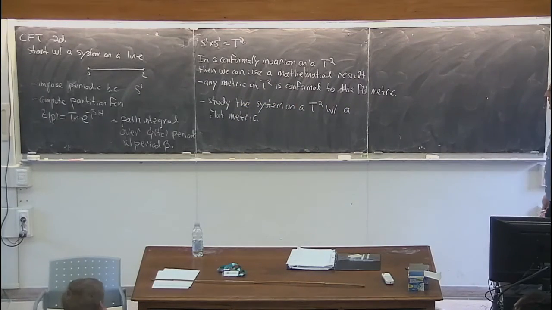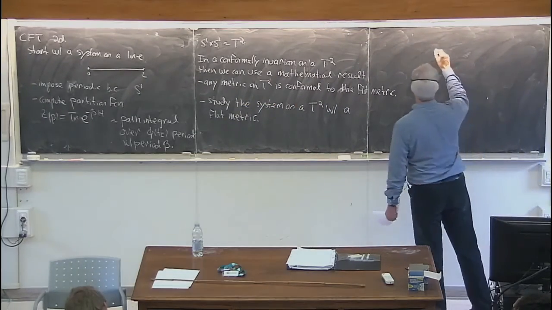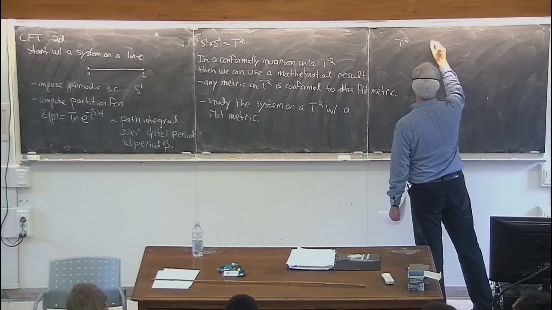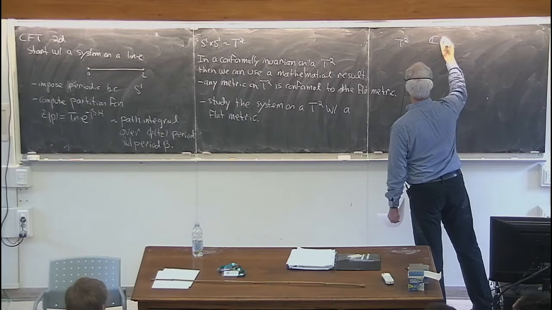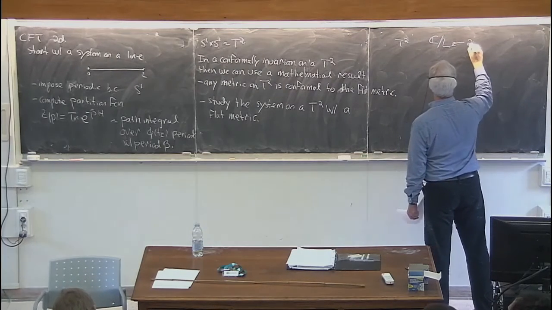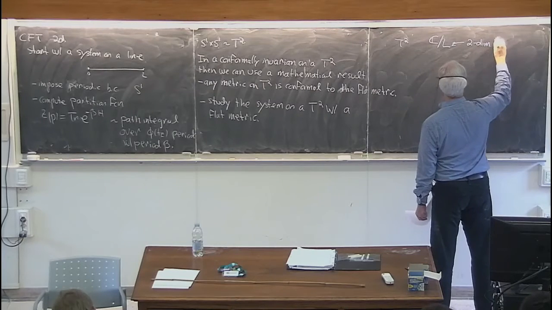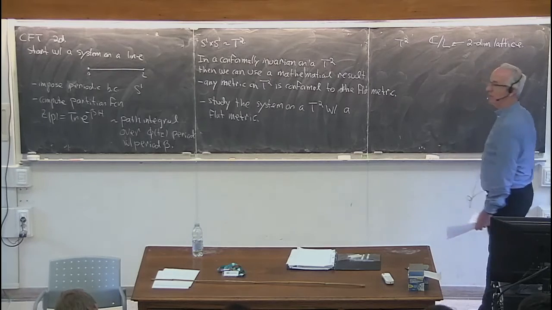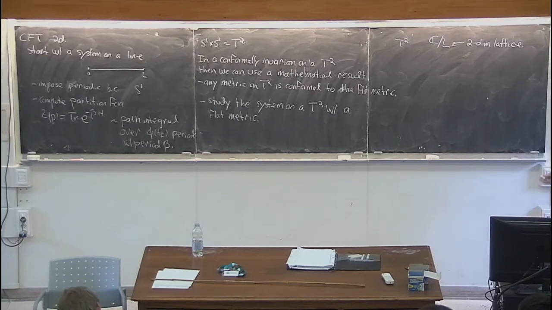So a two torus with a flat metric, I can simply think of that two torus as taking the complex plane and modding out by some two-dimensional lattice. Now we saw something like this just a little bit ago, but now I want to be more generic because I'm not making any assumptions other than we can view the two torus this way.